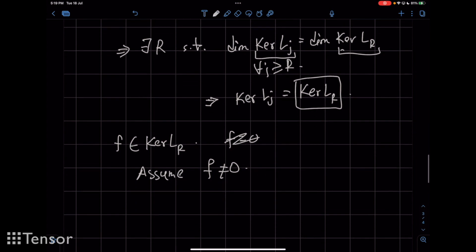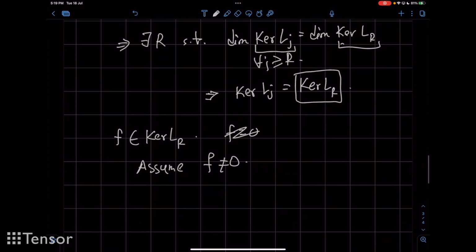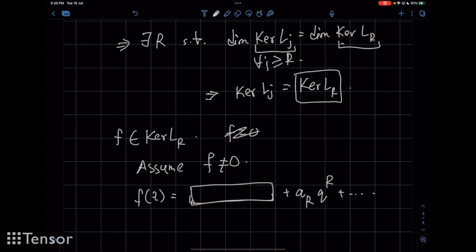Then, since f is not 0 and f is in the kernel of L_r, the q-expansion of f looks like this. The first r coefficients are 0, then a_r q^r plus so on and so forth. Since f is in the kernel of L_r, all these coefficients are 0, right?